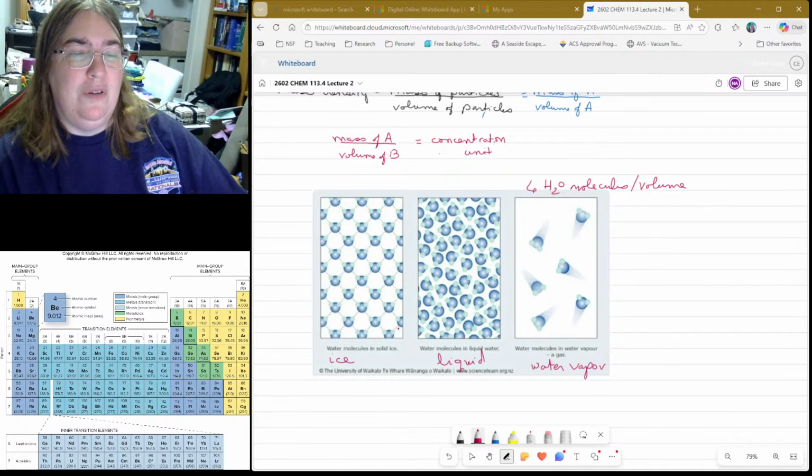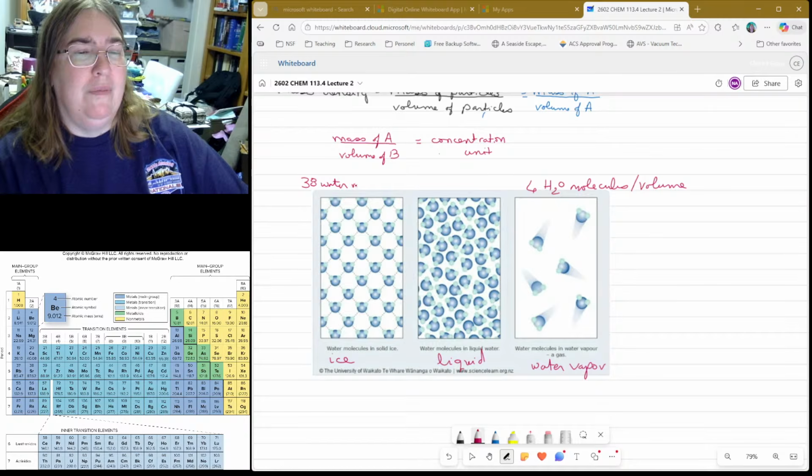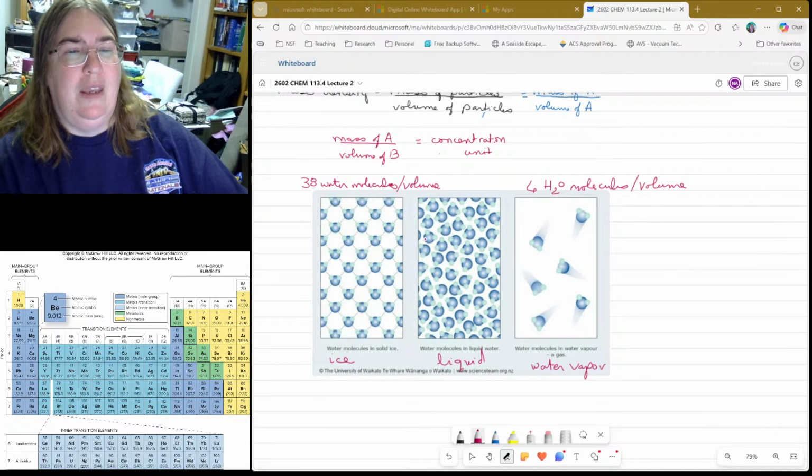Here I've got 38 water molecules per volume. And on this one, I'm going to count them if they're just right on the edge.